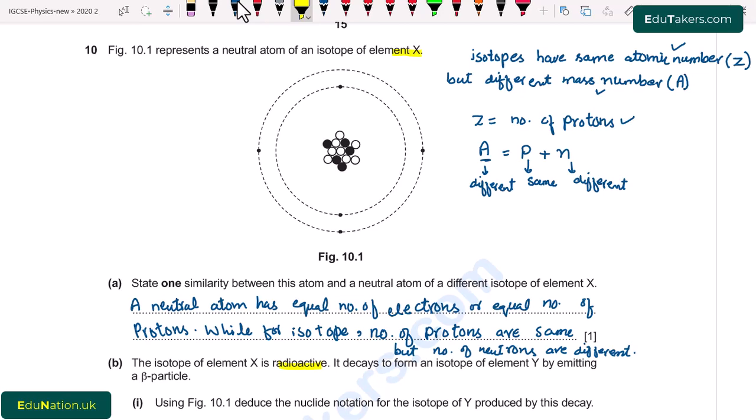Here, you have to know what a beta particle is. Beta particles are just electrons, and first of all we have to know the atomic number and atomic mass of element X. You can see in this figure that the number of protons is 5. This is 1, 2, 3, 4 and 5. The number of protons is 5 and the number of neutrons is 8.